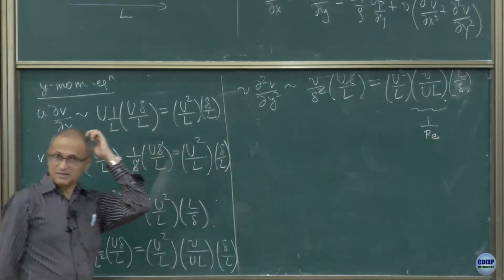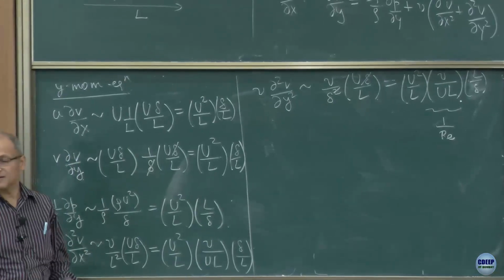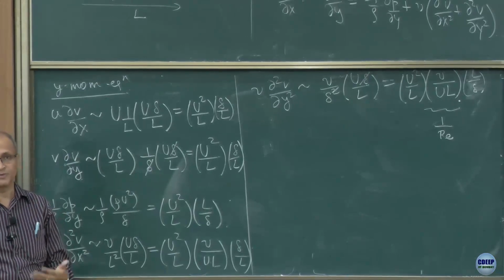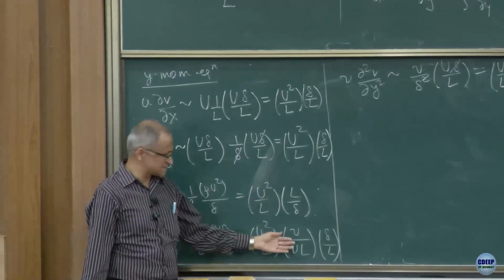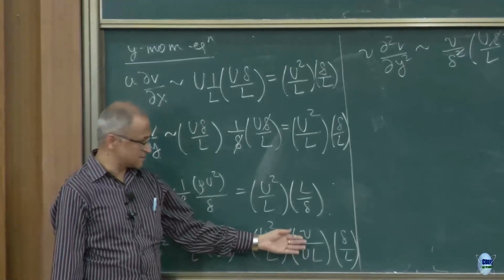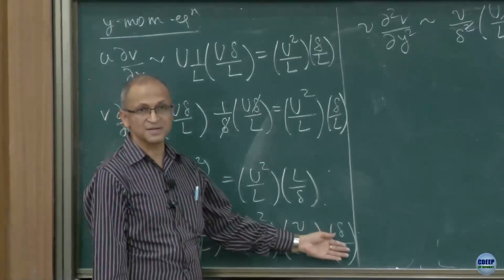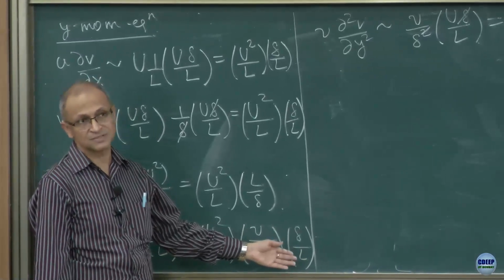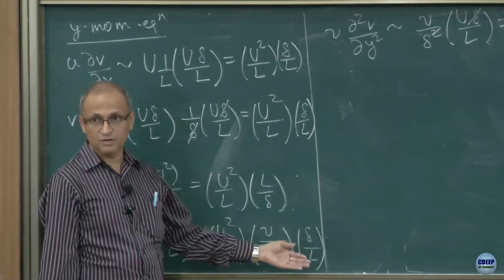The thing is that you are going to say that 1 by RE is going to become large, and it's very clear that RE is becoming large. Then this is 1 upon RE times delta by L. Delta by L is small, and this is 1 by RE times even smaller.